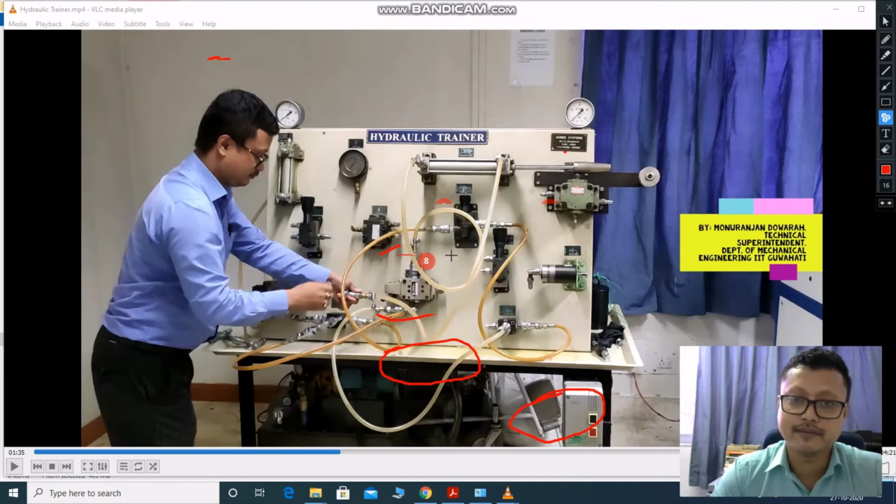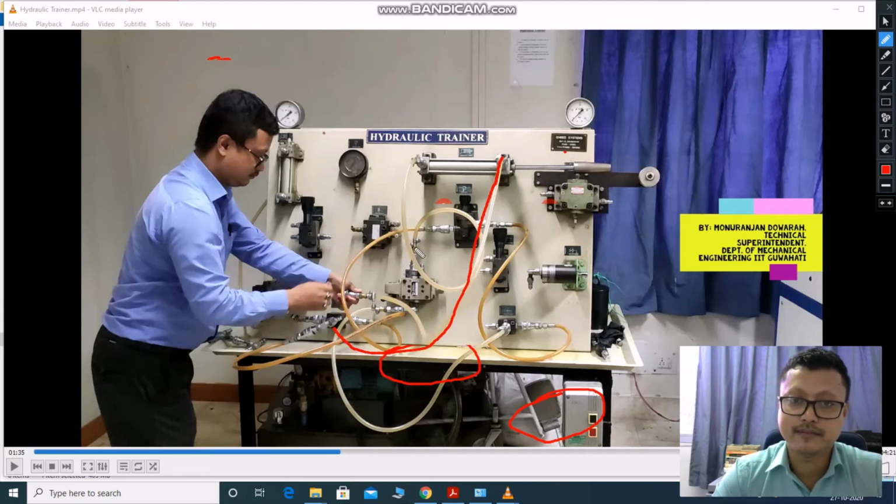This missing pipe 8 is connected to point number 9, where it will be connected directly from the pump distribution manifold to this outlet of this double acting cylinder. So this is called regenerative circuit.